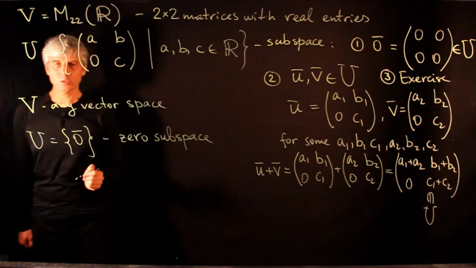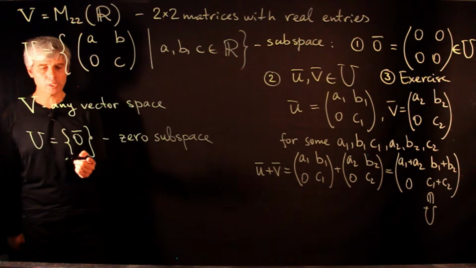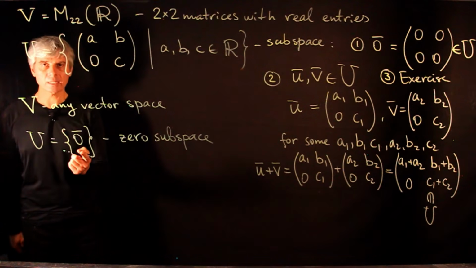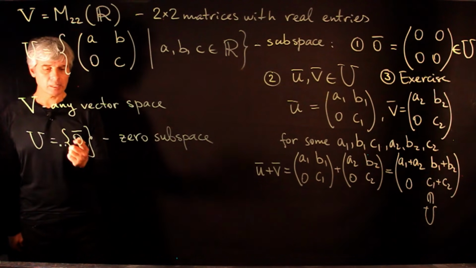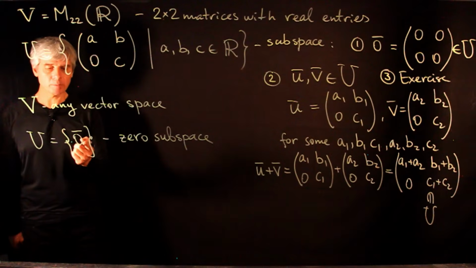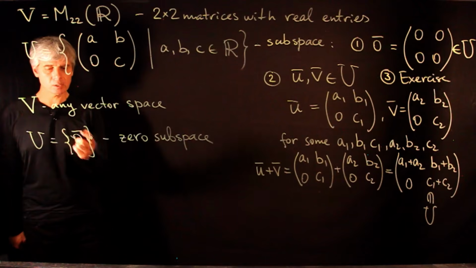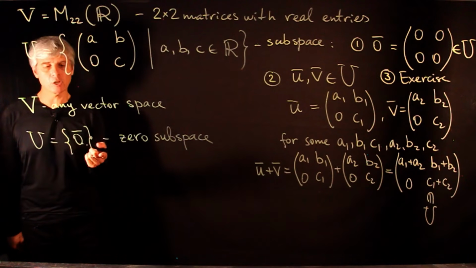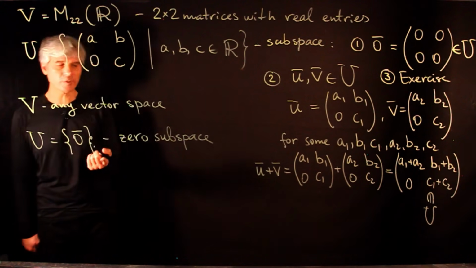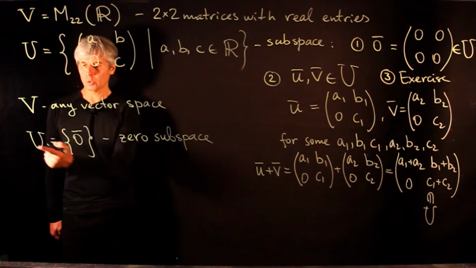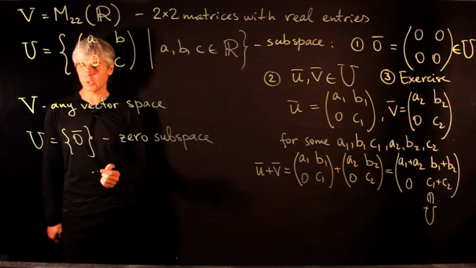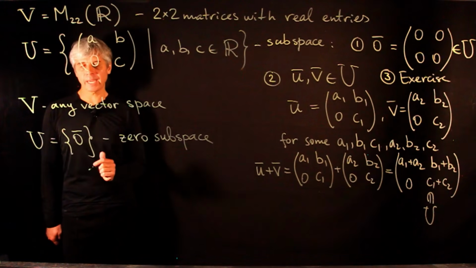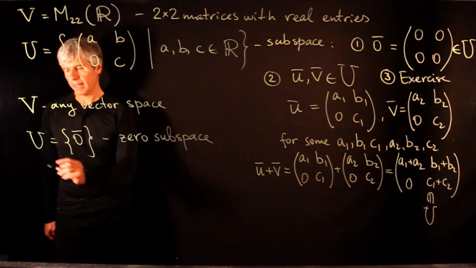And indeed, it will satisfy all properties of a subspace. It contains a zero vector. It is closed under addition because the sum of a zero vector with itself is a zero vector. And it's closed under scalar multiplication because a scalar multiple of a zero vector is a zero vector. So all properties of a subspace will hold, and so we have a zero subspace.